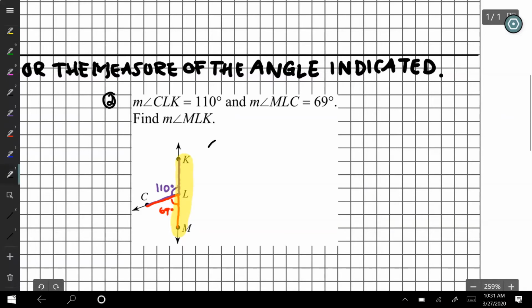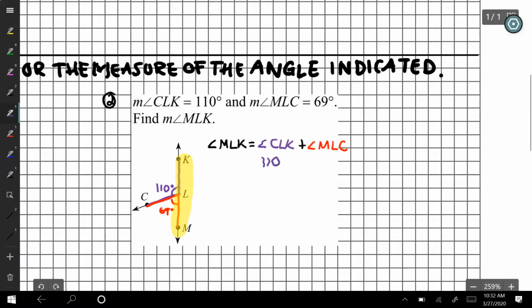So MLK, based on the angle addition postulate, is equal to angle CLK plus angle MLC. And we're going to go through and substitute all of the information that we already know. So I know that CLK is 110 degrees.